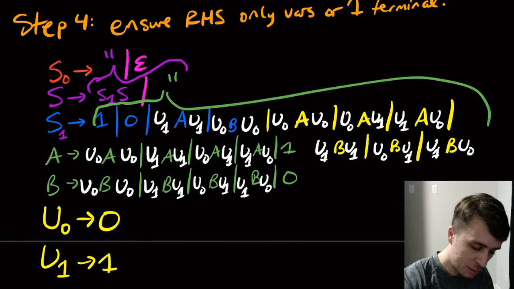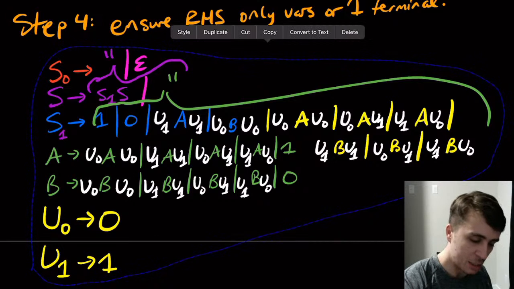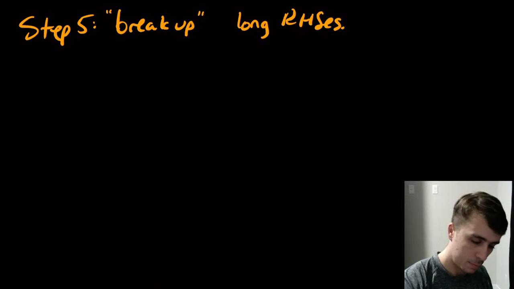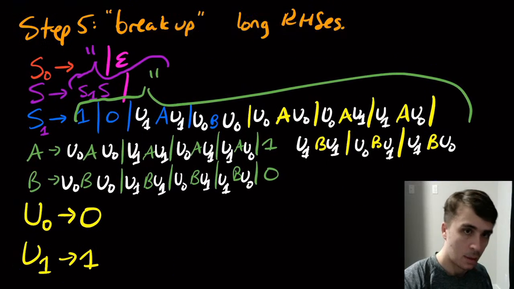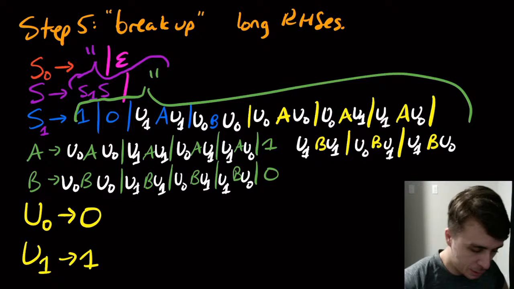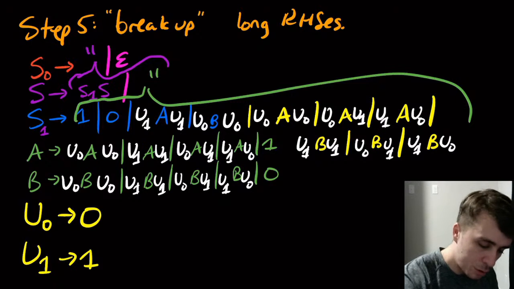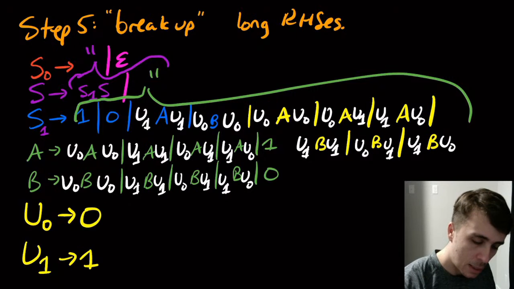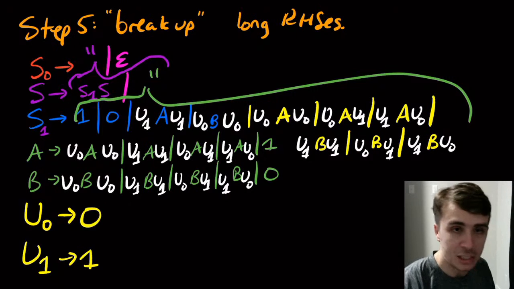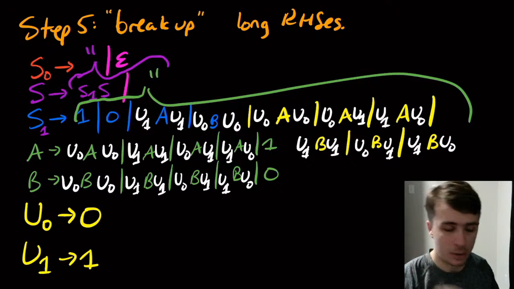So this one's actually pretty easy to do. Once I copy and paste this big boy, I'm going to paste it here. The only rules that are kind of troublesome are these ones in the middle right here. This S1S is okay because it has exactly 2 variables.